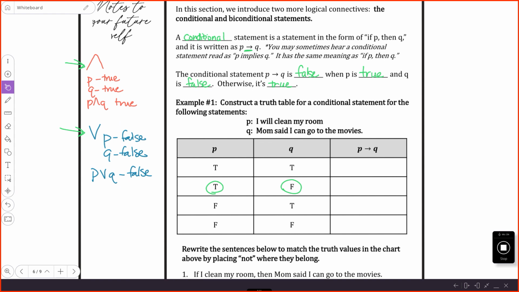I just learned that when I have a conditional statement that's written like this, P implies Q, if P is true and Q is false, then the whole thing is false. And every other statement is true.